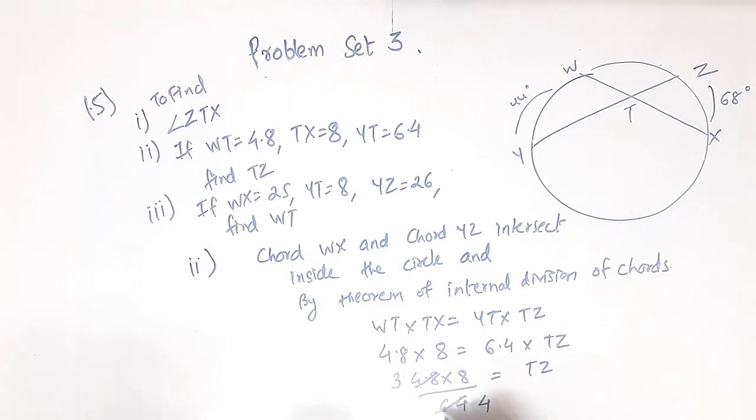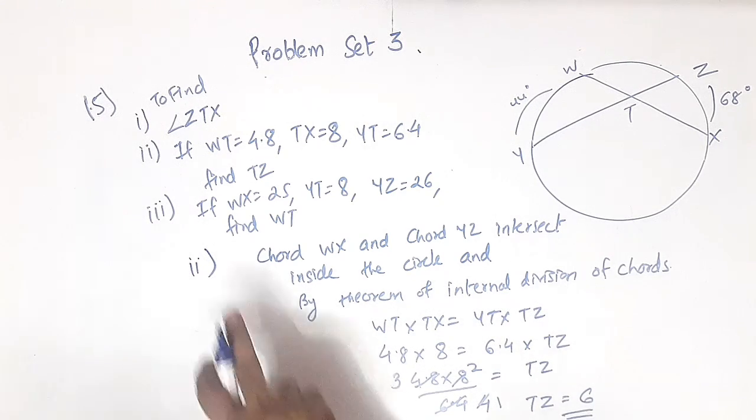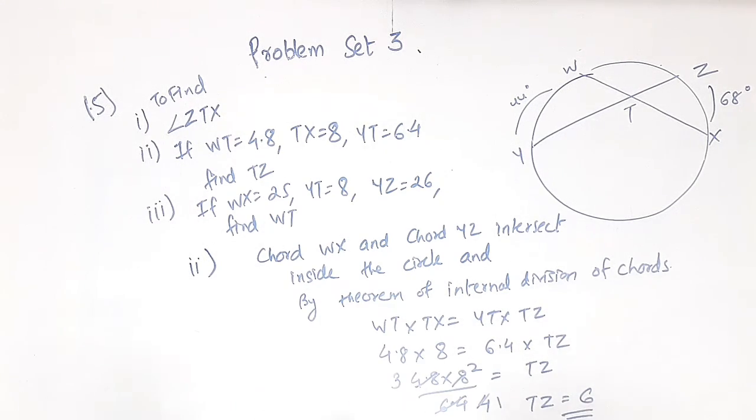Instead of 16 I have taken 1.6, so 1.6 fours are and 1.6 threes are will give me 4.8 and 6.4. 8 and 4 are divisible, so 4 ones are 4, 2s are. So TZ is 3 2s are 6. Clear? Centimeters is not given, so you will not write centimeter.